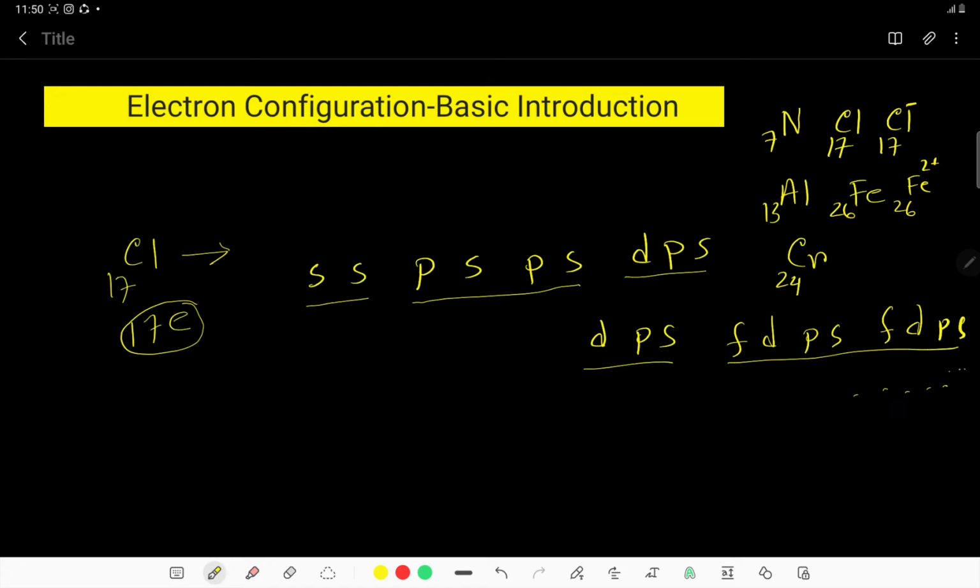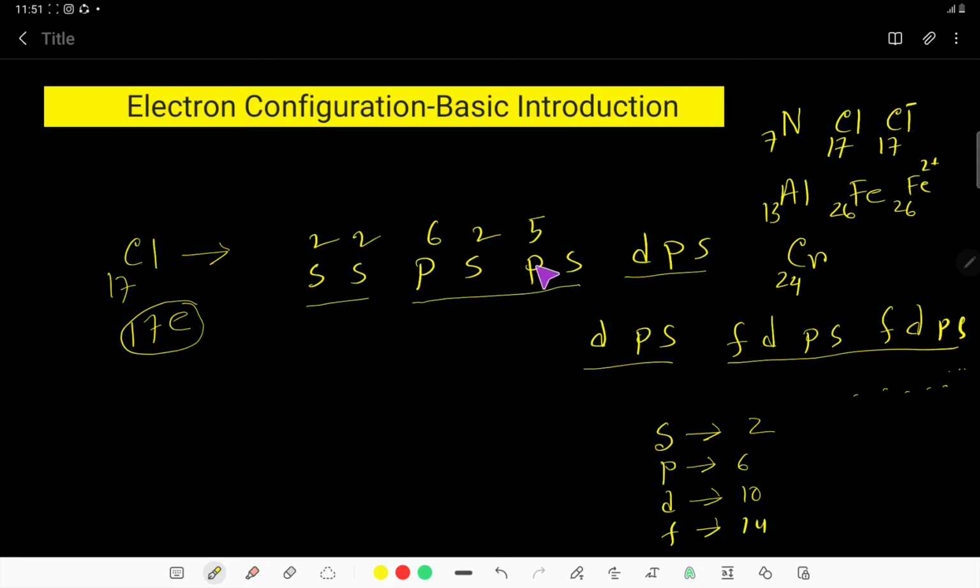So now look, you have 17 electrons, so you know that the s subshell can hold a maximum of 2, the p subshell can hold a maximum of 6, the d subshell can hold a maximum of 10, and the f subshell can hold a maximum of 14. So let us distribute 2, 4, 6, that is 10, 12, then 17.